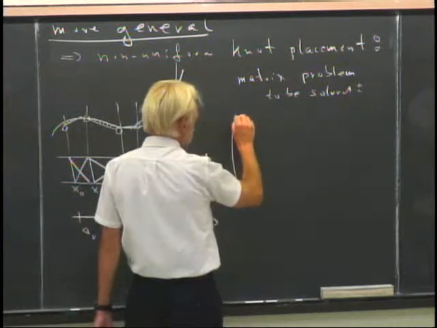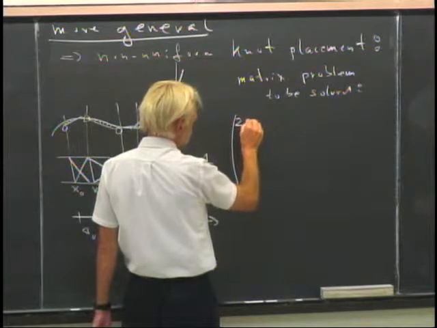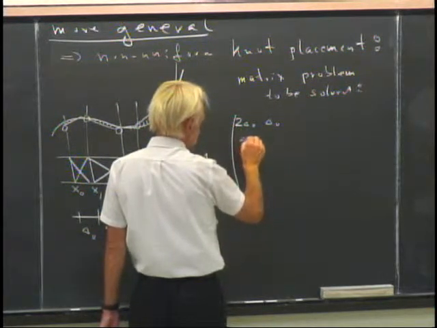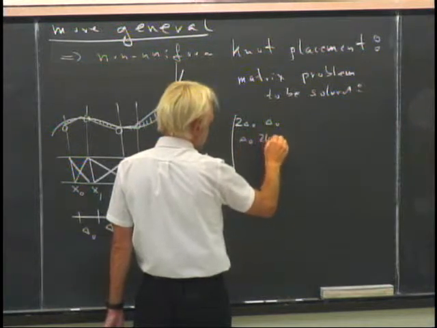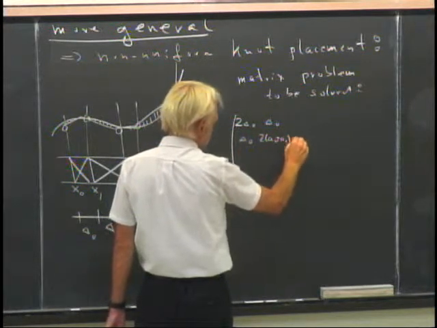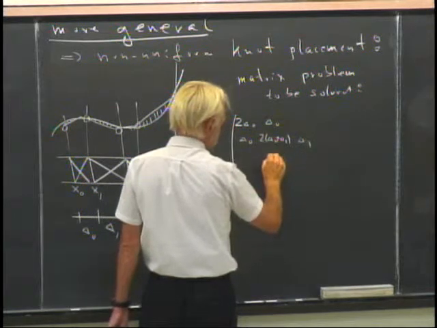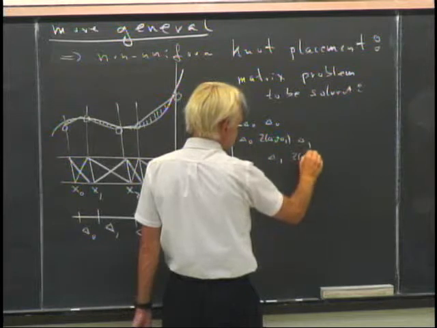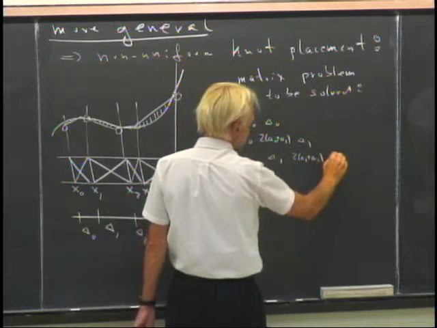So the first one considers just the delta 0, 2 delta 0, delta 0. Next one is delta 0, 2 delta 0 plus delta 1, delta 1. Then here it is delta 1, 2 delta 1 plus delta 2, delta 2.